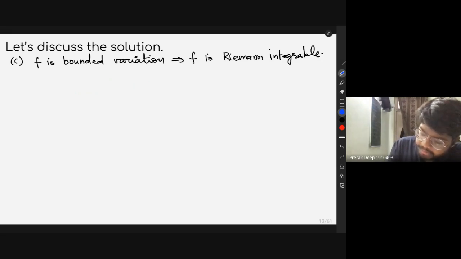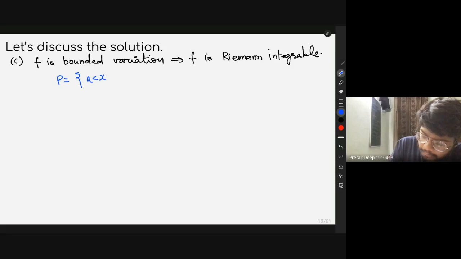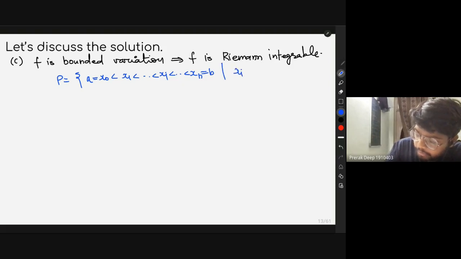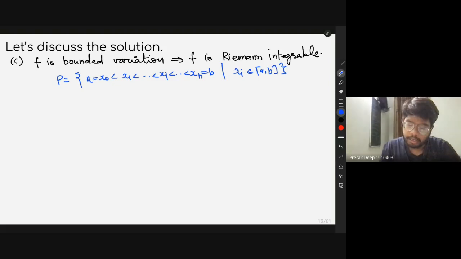So the upper sum is defined to be this maximum. Let's say this is the partition of [a, b]: a equals x naught, x1, up to xi, up to xn, which equals b. Each of the xi belongs to the closed interval [a, b]. This is the partition I'm considering of the interval [a, b].